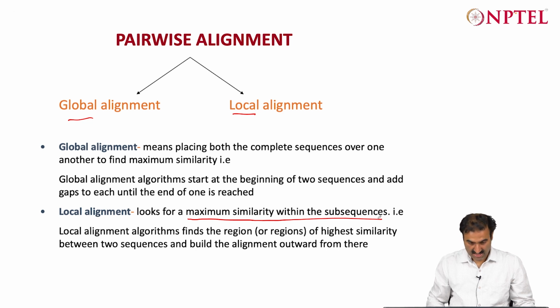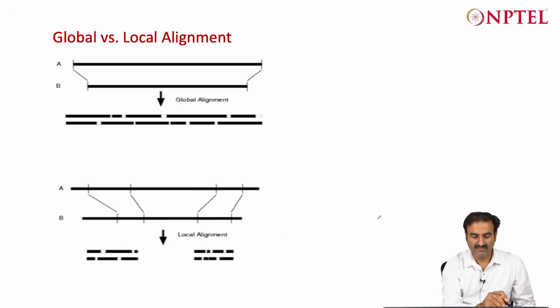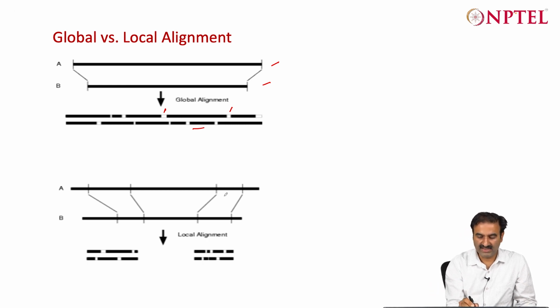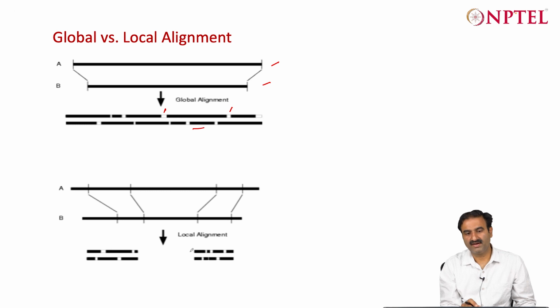In global we align the two sequences and even if there are gaps in between, we continue aligning, whereas in local we only align the parts which are actually aligning, and the remaining parts we skip.